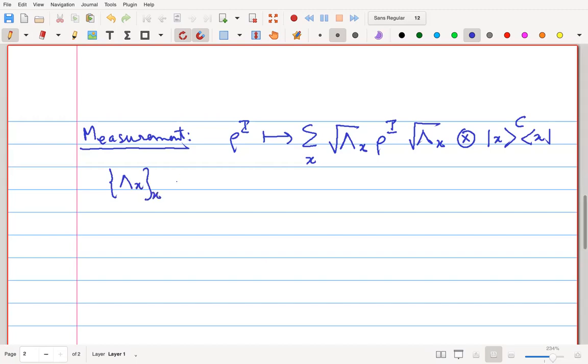These are positive semi-definite, and the property is that the sum over x of lambda x is the identity.